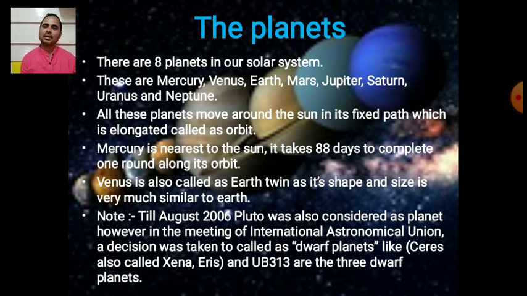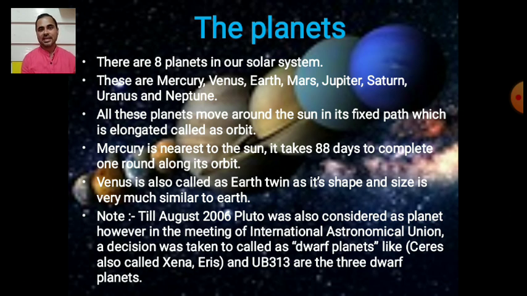Like all the planets, Mercury also moves around the Sun, and it takes 88 days to complete one round along its orbit.